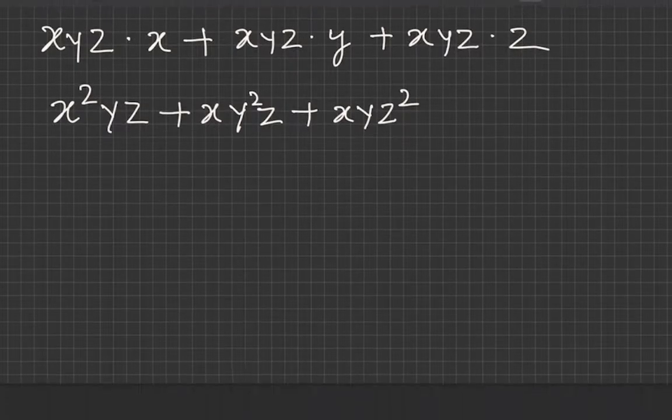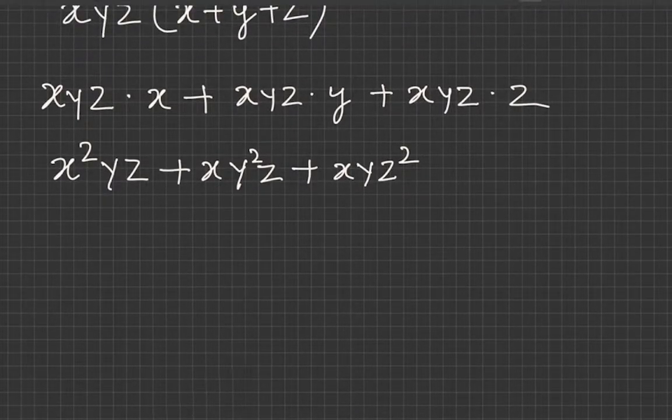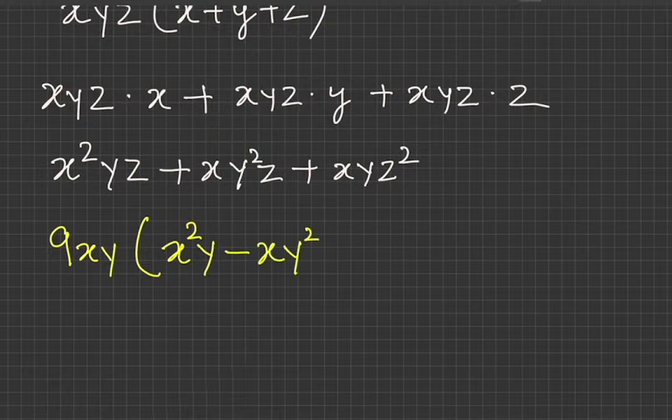Okay, let's move to the next one. I have 9xy times x squared y minus xy squared. We use the distributive property and we distribute.